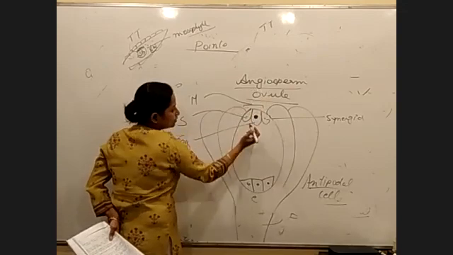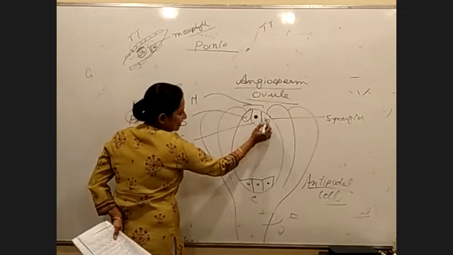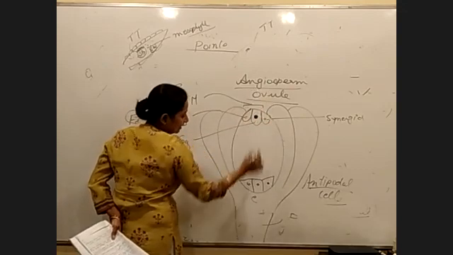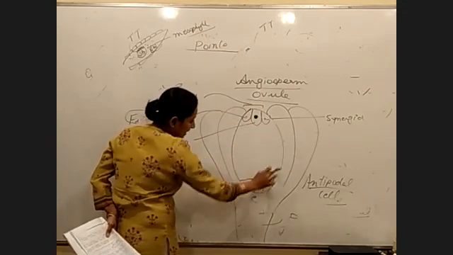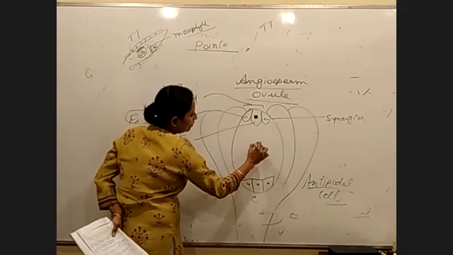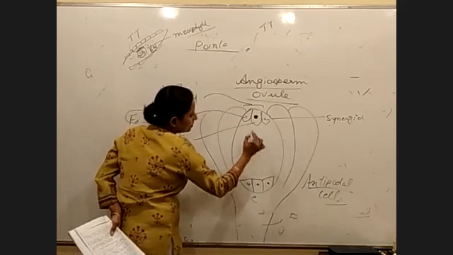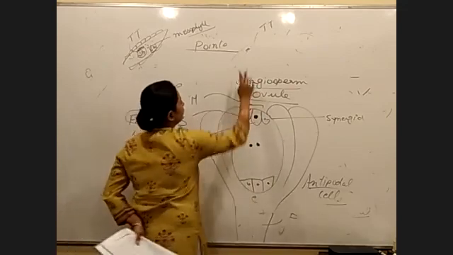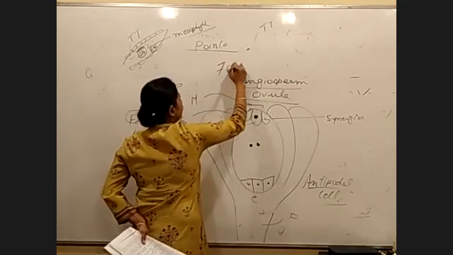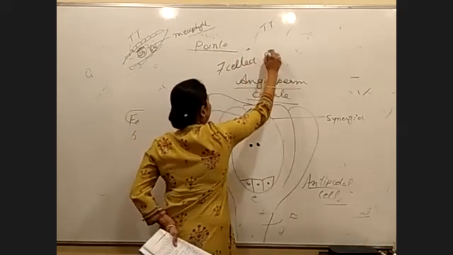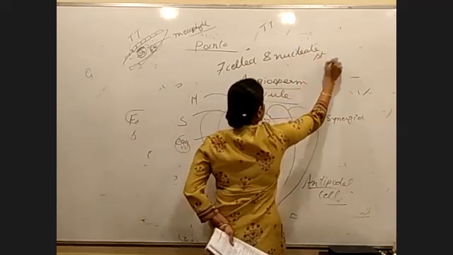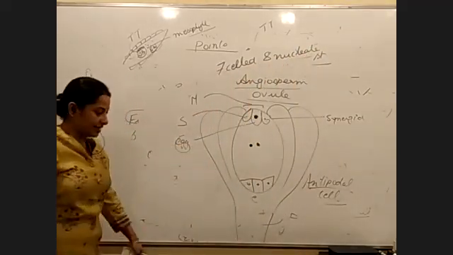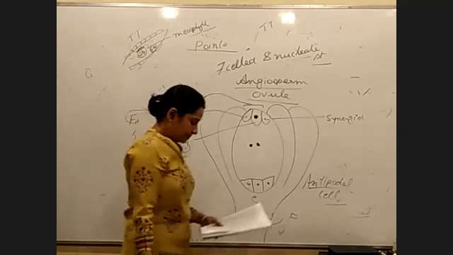In case of angiosperm, these three cells will each have one nucleus, so 1 2 3 4 5 6. But what will the main cell have? It will have two nuclei. So this is what is called a 7 cells 8 nucleate structure. Understood now?